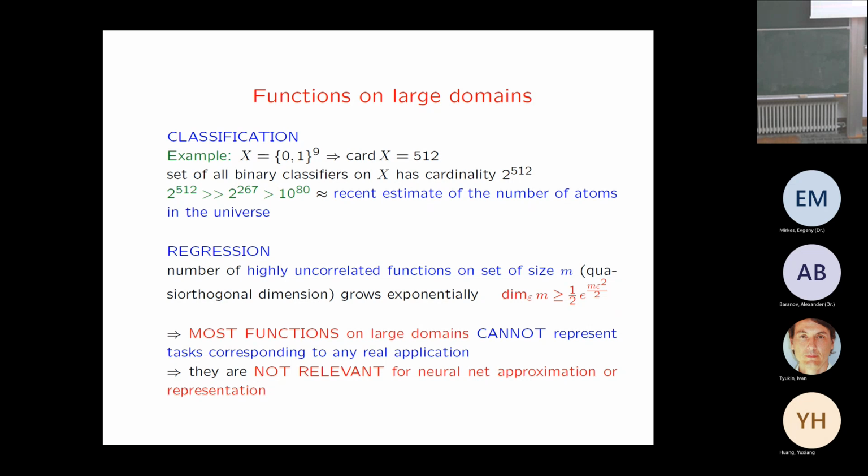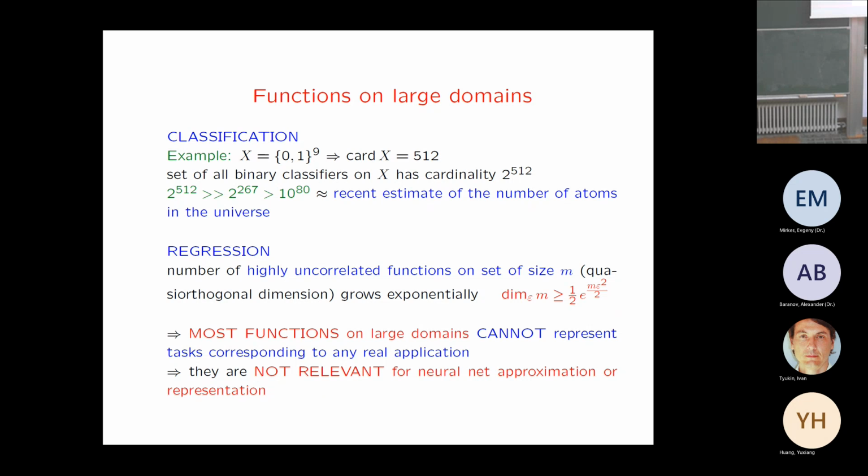Something that really is huge. So obviously, we are not interested in building neural networks that would be capable of well approximating all these functions. There are too many of them, and most of them are absolutely uninteresting.